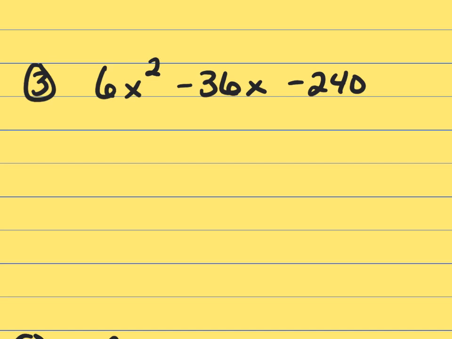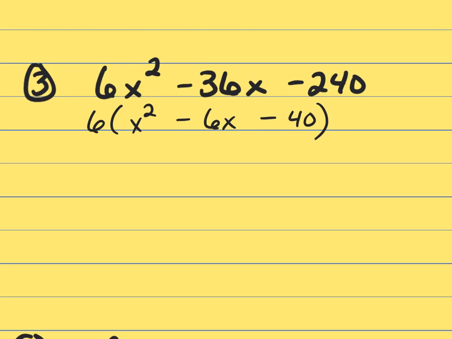With problem number 3 here, again, the most important step is always the very first thing you got to look at. Is this actually an AC method problem? No. Because this is a 6, my first step is always to look, can I take out a 6 from all three terms? And the answer is yes. So therefore, this is not an AC method problem. I'm going to take out a 6, and I'm left with x squared minus 6x minus 40.